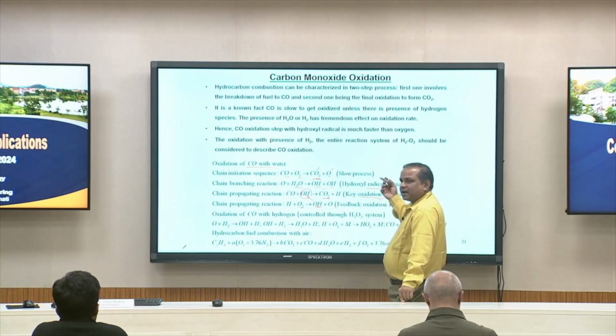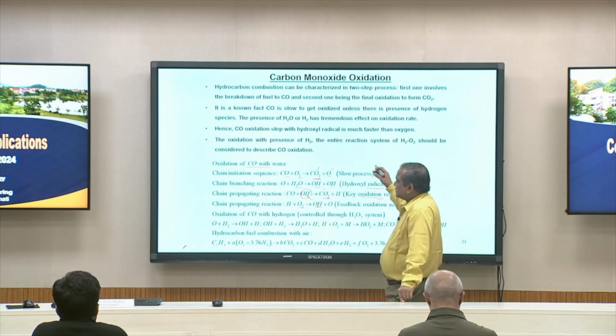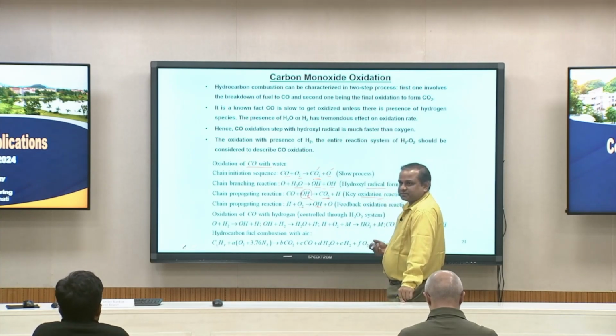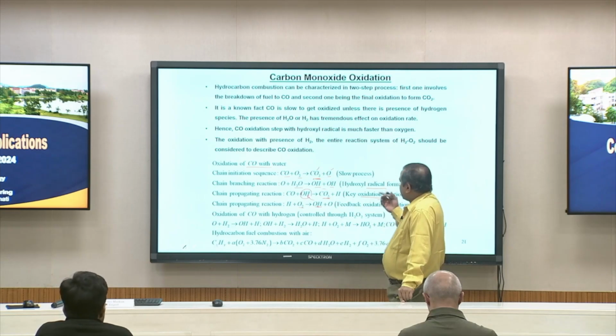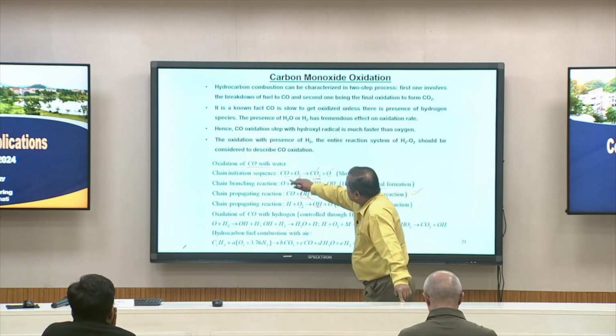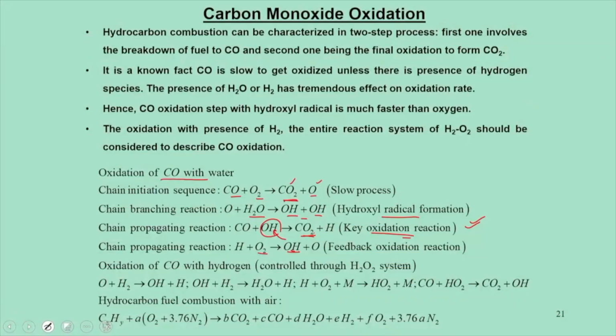So normally when we try to reduce pollutant levels, we initiate some kind of branching or chain reaction such that these reactions become faster. At the end of the day, we have to kill this CO and bring it to CO2. This is the concept of how we can get CO2 from CO.